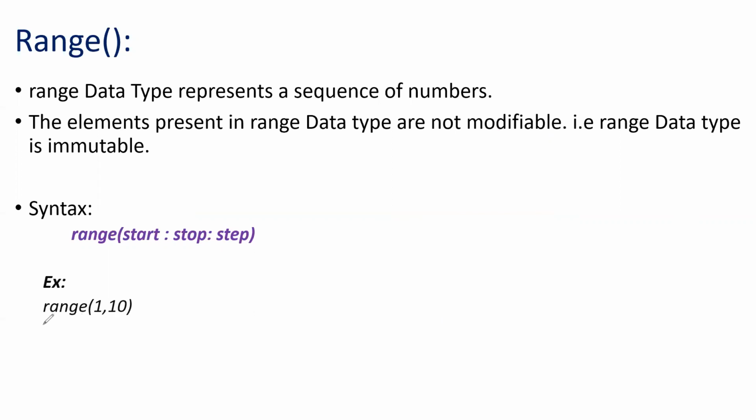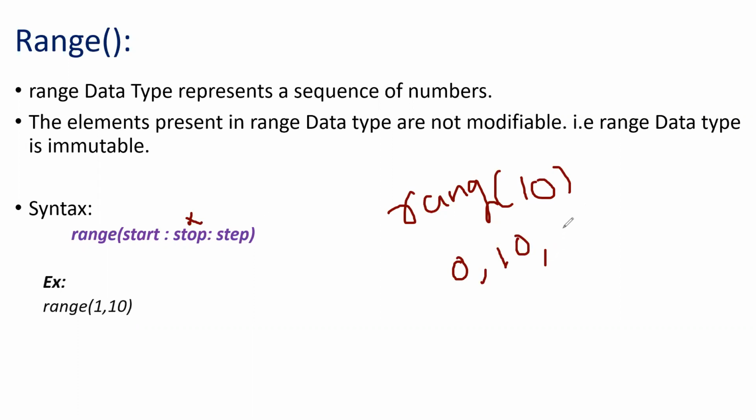I have given an example, range 1 comma 10. There are multiple ways we can represent the range data type. The stop value must be there. If I give range 10, it means by default the start value is 0, the stop value or end value is 10, and the default step value is 1. These are the default values if you don't give start, stop and step.